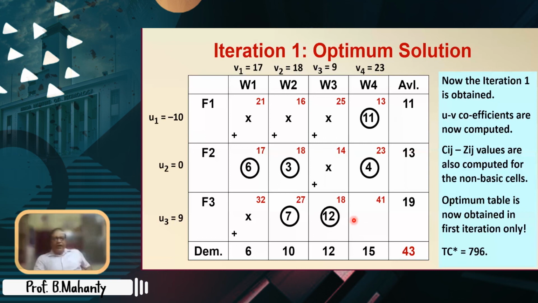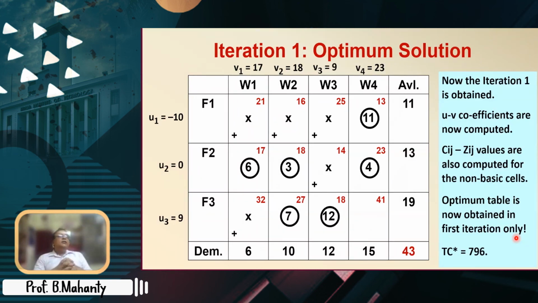So all of them are positive, and now iteration 1 is obtained. UV coefficients are computed, Cij minus Zij values are also computed for the non-basic cells, and the optimum table is obtained in the first iteration only. So this is a good thing about Vogel's approximation method, and we could get the optimum solution in the first iteration itself.